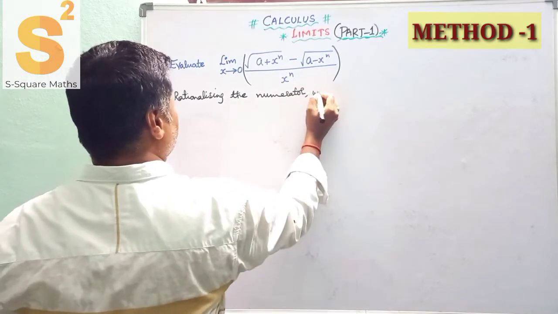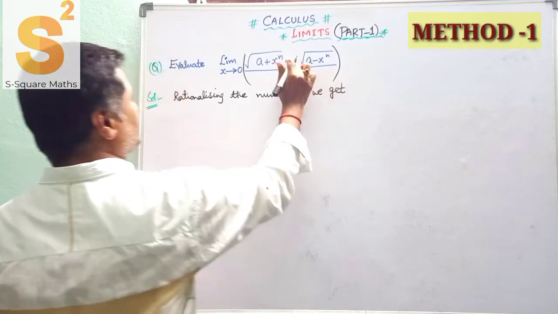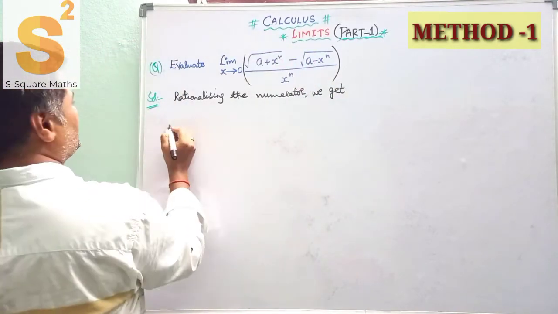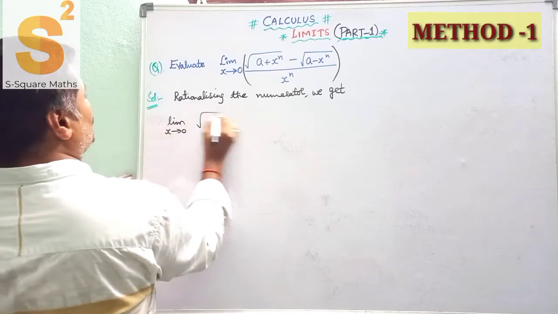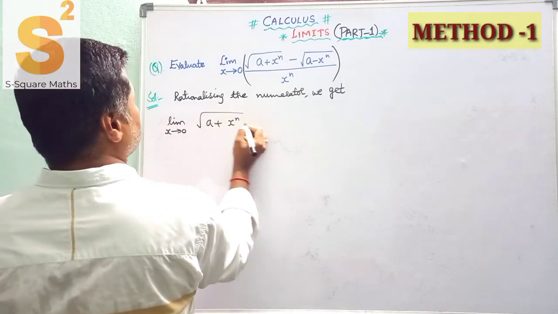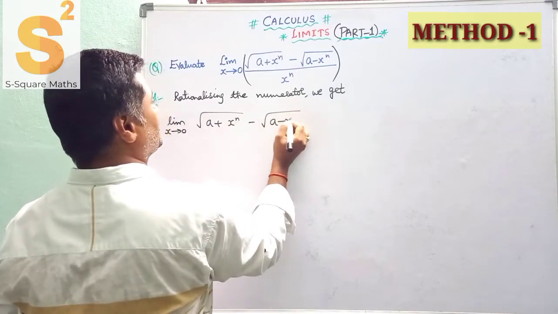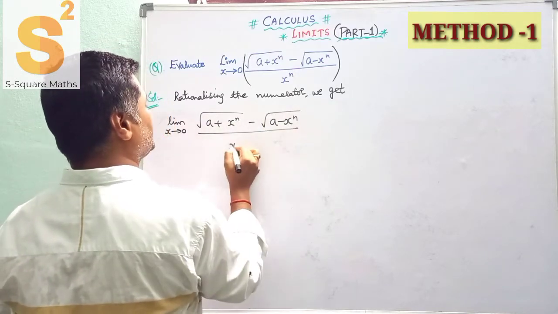So rationalizing the numerator, the RF is nothing but here you are going to get plus. So limit x tends to 0 of root of (a plus x power n) minus root of (a minus x power n) by x power n.